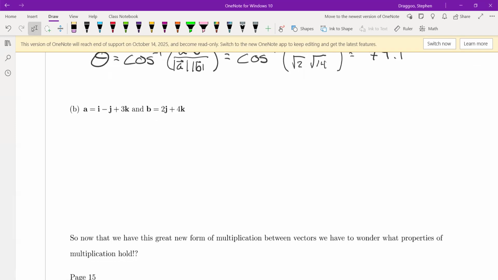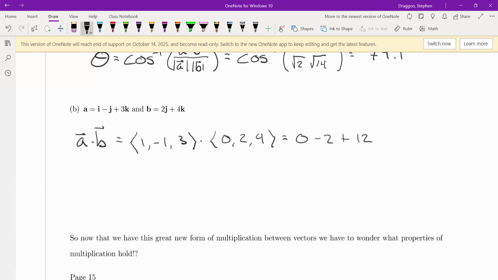So if I need A dot B on this next set of vectors, I'm going to be looking at 1, -1, 3, dotted with 0, 2, 4. So that dot product looks like 0 minus 2 plus 12, which I think comes out to 10.